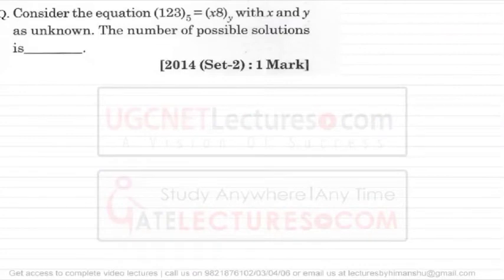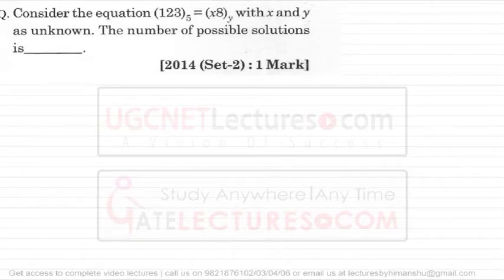Okay. Look at the next question, which was also asked in 2014 in some different set. This question says that 123 in a number system with base 5 is equal to x8 in base y, and it's asking for the number of possible solutions.